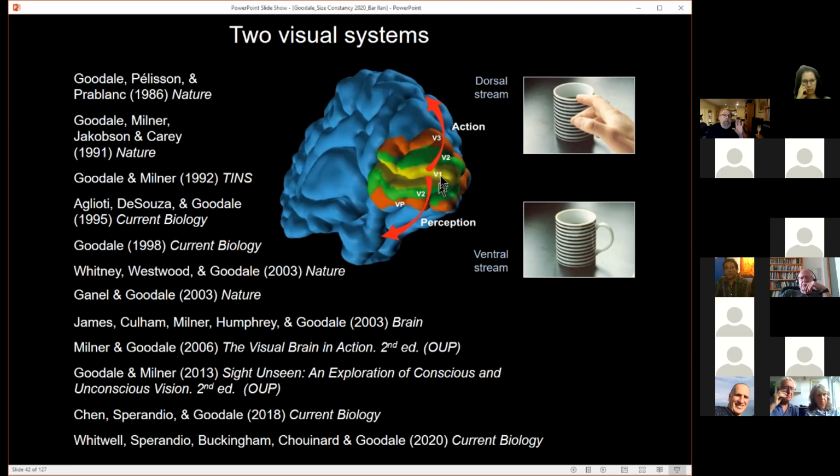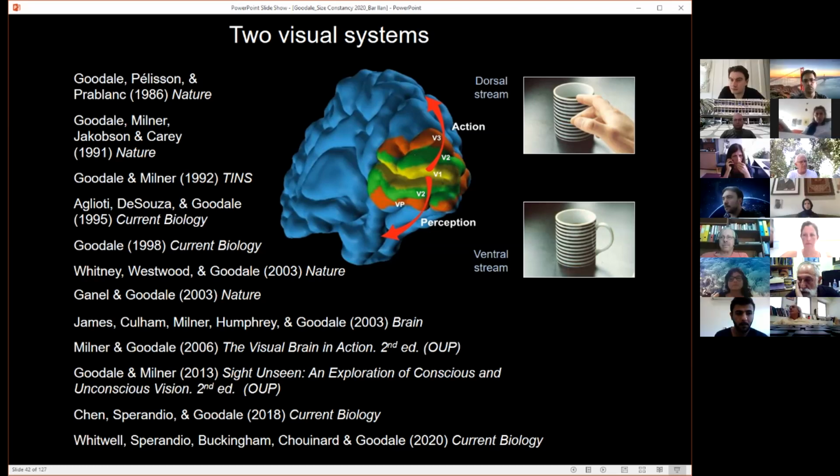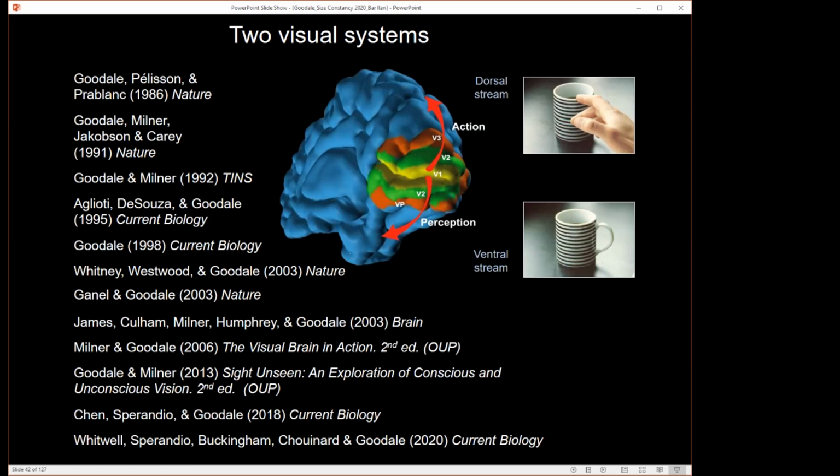And similarly, the projections that go ventrally down into the temporal cortex are important for transforming visual information for all of the cognitive operations that we might wish to perform on them. And of course, the two streams interact enormously in the control of actions directed at objects where hand postures could vary importantly, such as using tools and cups and so on.